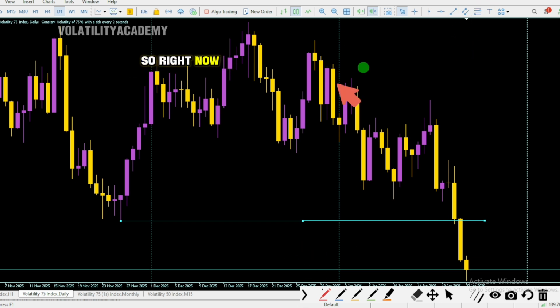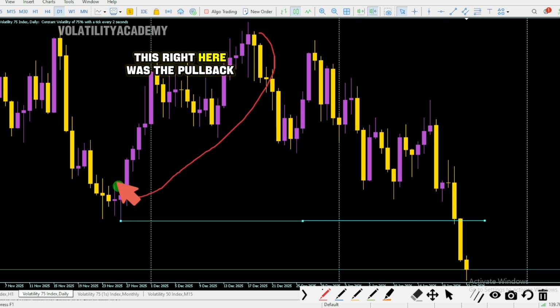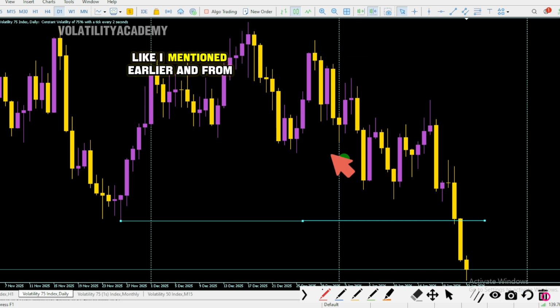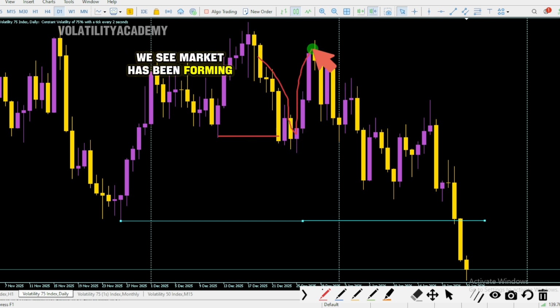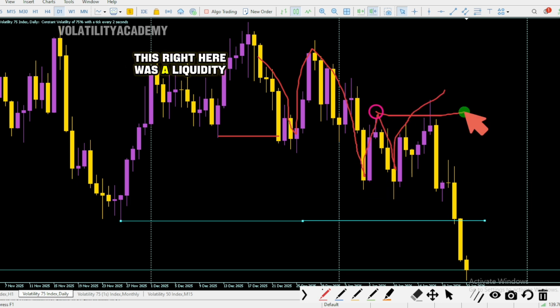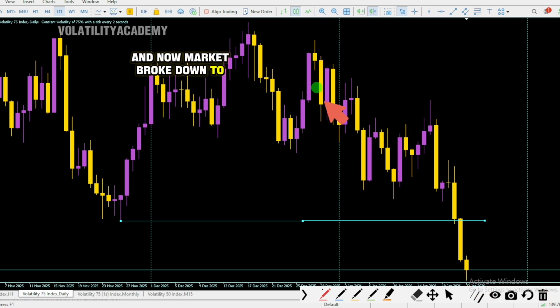So right now, this right here was the pullback on the weekly, like I mentioned earlier, and from this point market broke structure to the downside, we see market has been forming lower lows and lower highs. This right here was a liquidity sweep, and now market broke down to the downside.